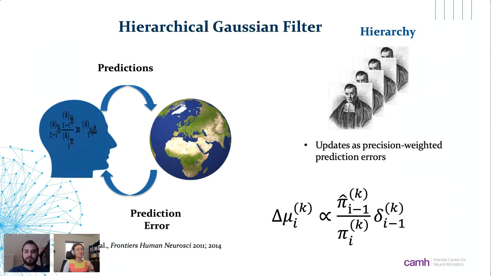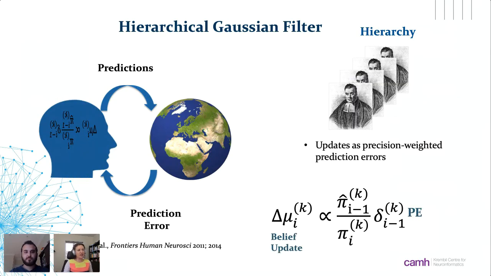Now, if we take this approach in a hierarchical fashion, as proposed by my colleague Christoph Mathys in the hierarchical Gaussian filter, we can approximate these hierarchical Bayesian formulations and obtain updates that take the form of precision-weighted prediction errors.